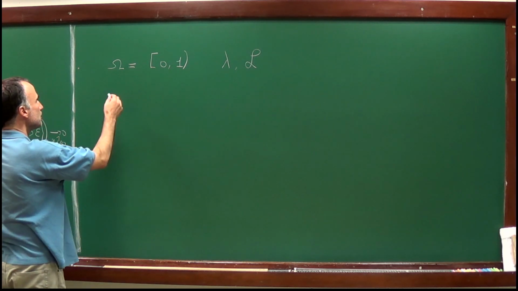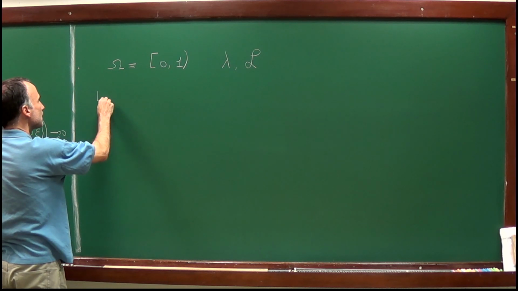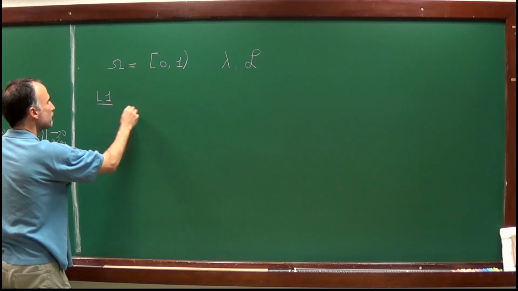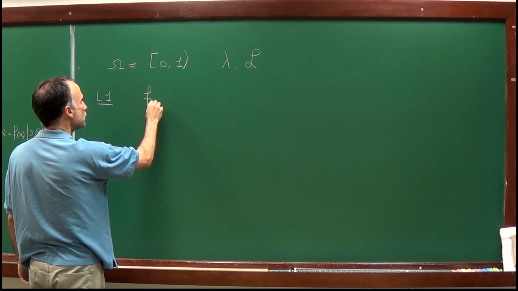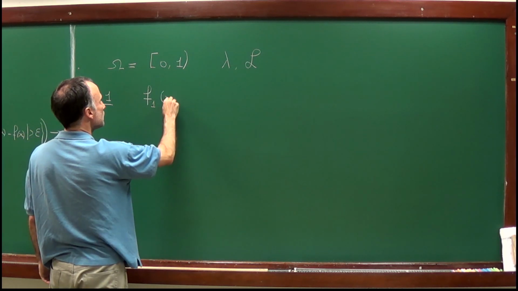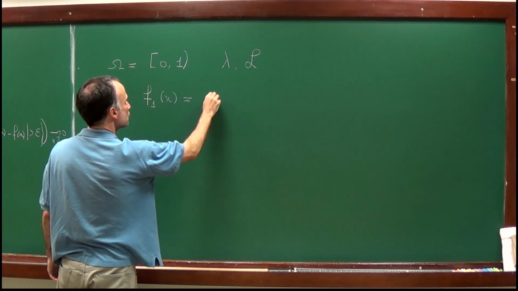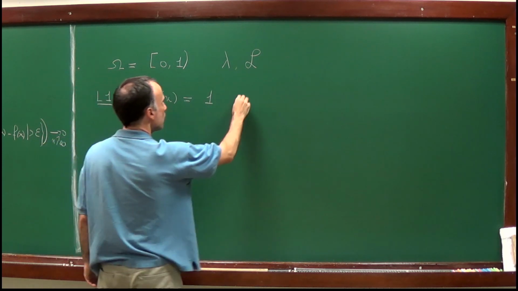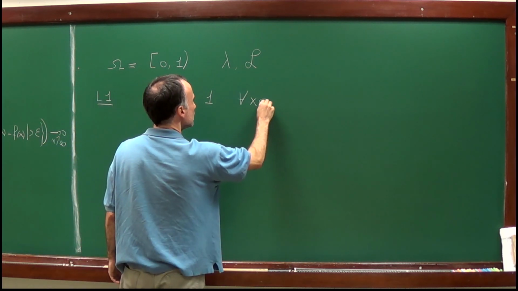Let me define, at level 1, a function f_1 of x, which will be just equal to 1 for all x in the interval [0,1].